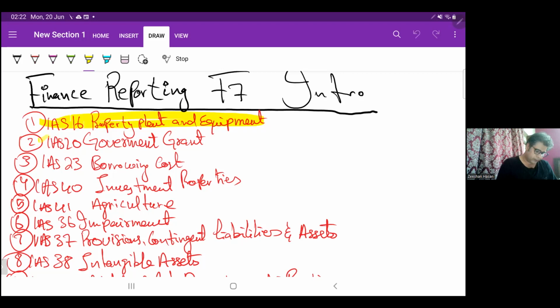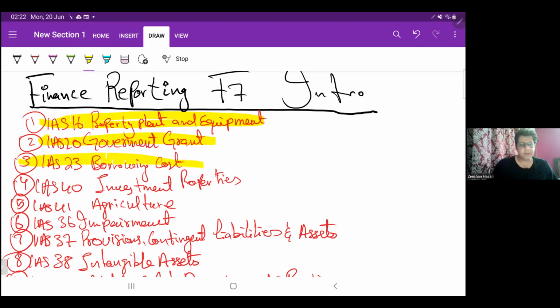Then we will move to IAS 23, borrowing costs. What is borrowing cost? What are the qualifying assets, the methods, the recognition and measurement criteria of borrowing cost, when to start the capitalization, when to stop the capitalization, when to suspend the capitalization, all will be done in here.